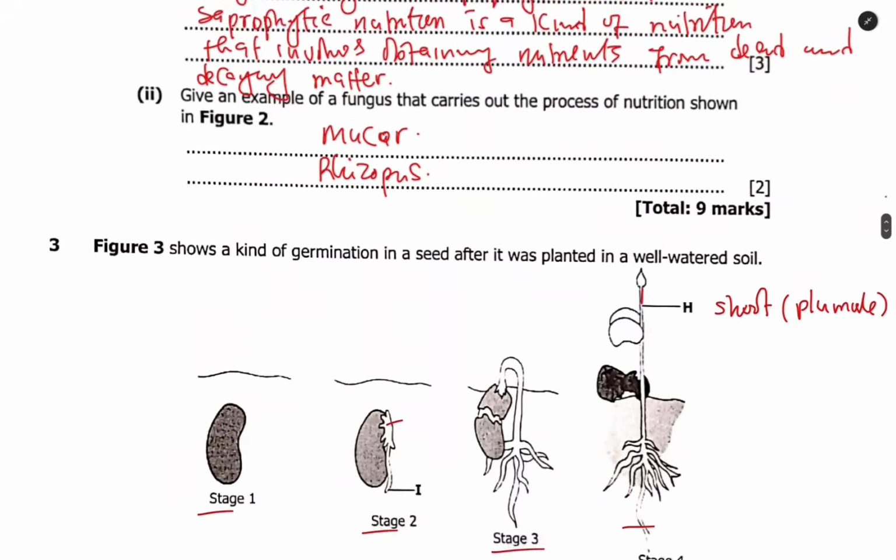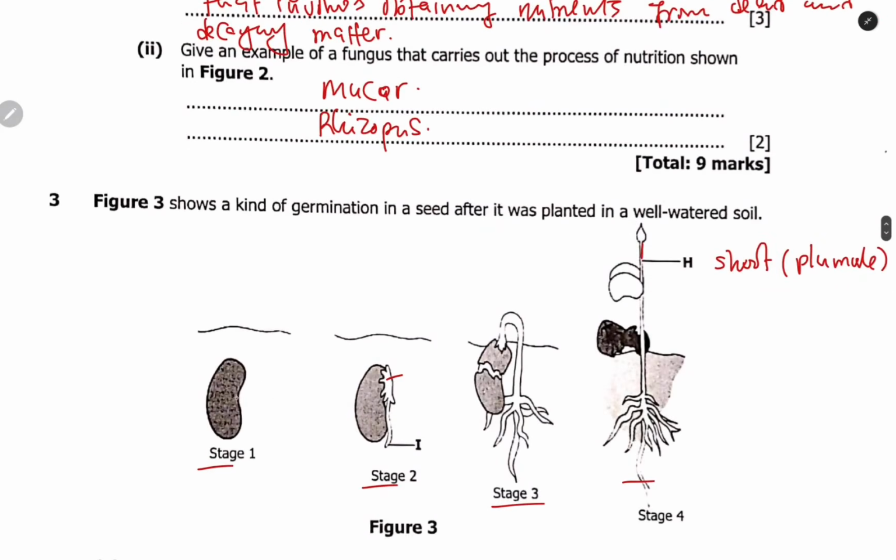Okay, state the kind of germination shown above. As you can see, look at this, this is a dicot. It has two cotyledons. And for dicots, the kind of germination they undergo is called epigeal germination.